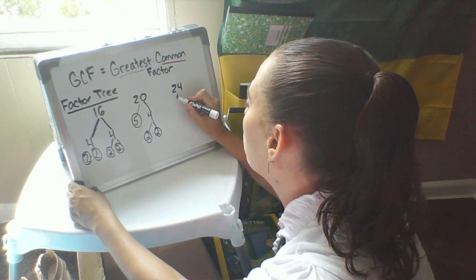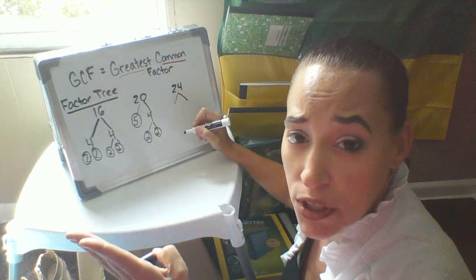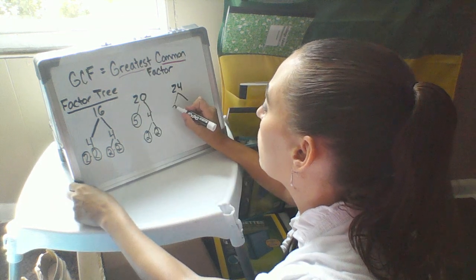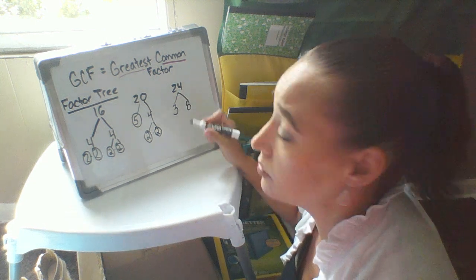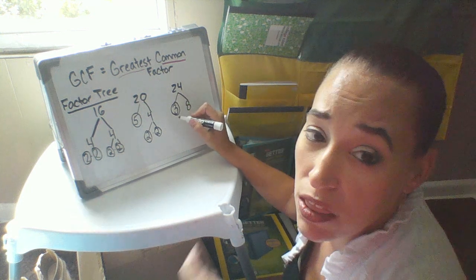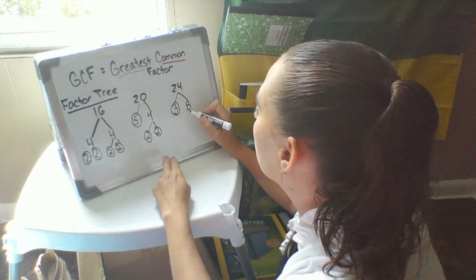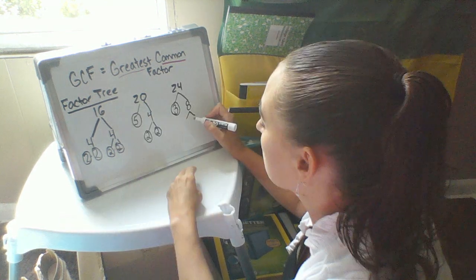So 24, again, if I can pull out a prime number right away, I always pull it out and put it to my left. So I'm going to say 3 times 8 equals 24. I circle my prime number. So now I know my left-hand side is completely done. 8, again, I put my prime number on my left-hand side.